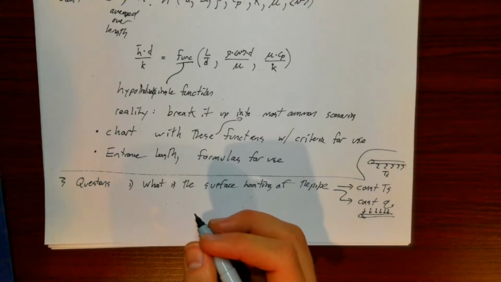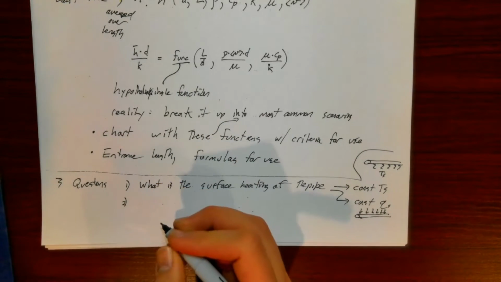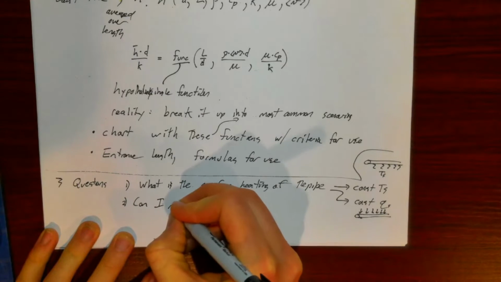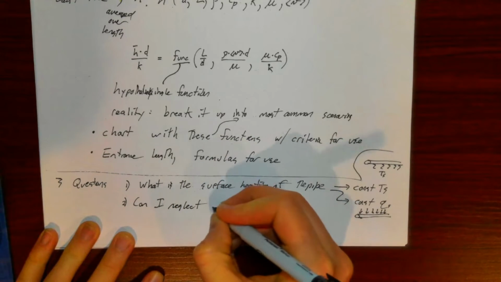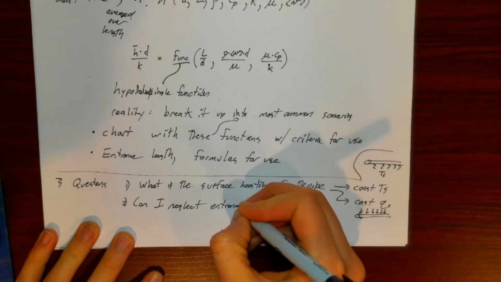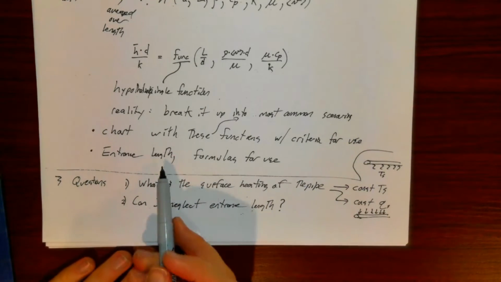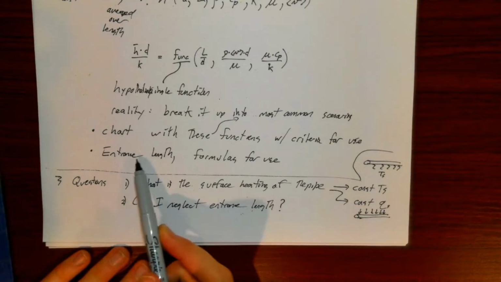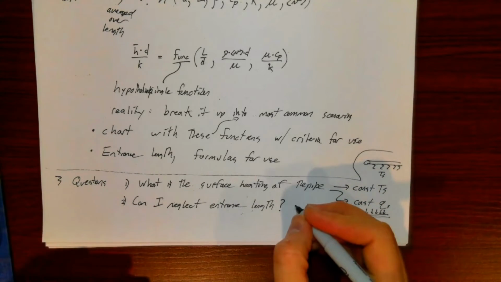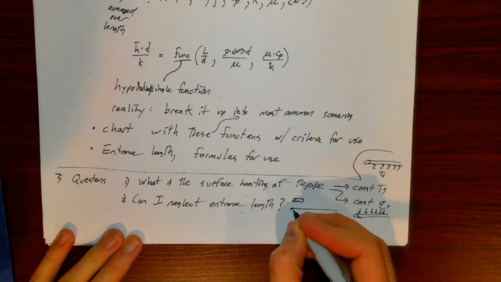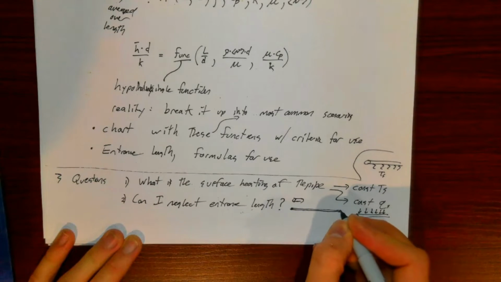The second question you need to ask yourself is, can I neglect the entrance length? I'm going to clarify exactly later in the lecture what this entrance length means, but it's basically like, is your pipe kind of short and stubby, or is your pipe long and thin?